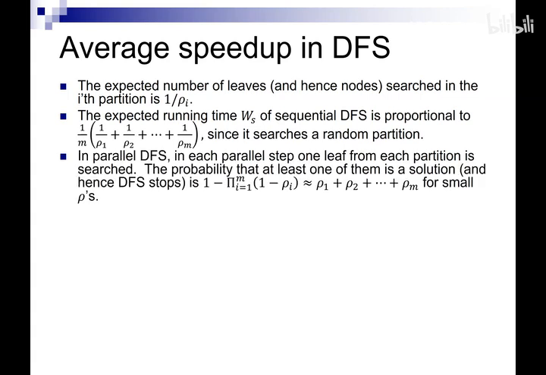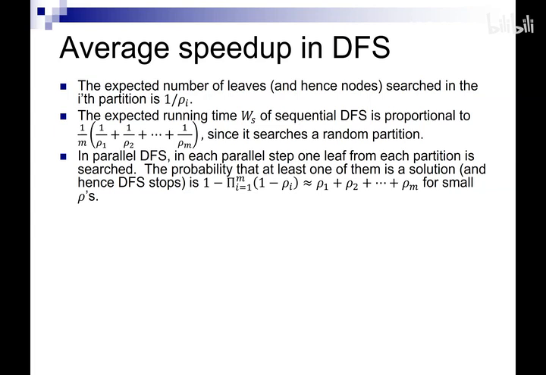Now, for the parallel DFS algorithm, since we have m processes running in parallel, in each time step they search through m different leaves at the same time. As long as one of those leaves is a solution, the parallel algorithm can stop. So the only case in which it does not stop is if all m leaves that the processes are searching are not solutions.